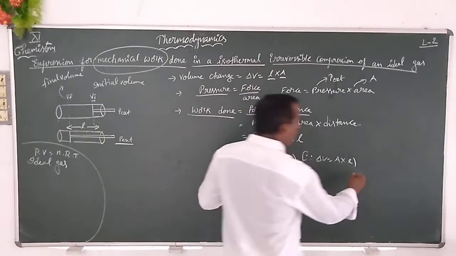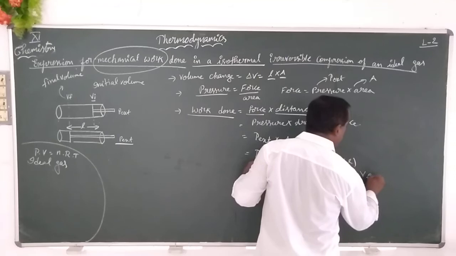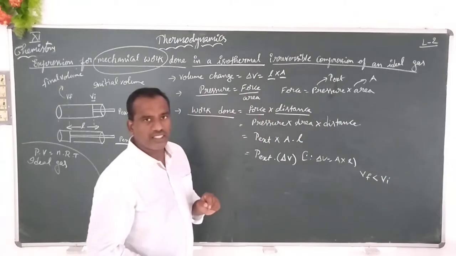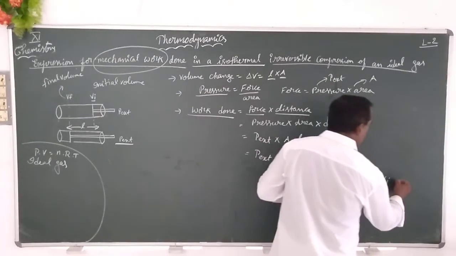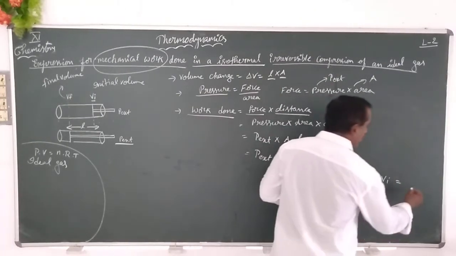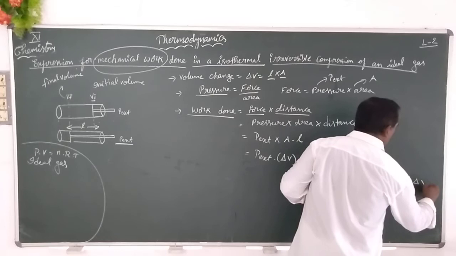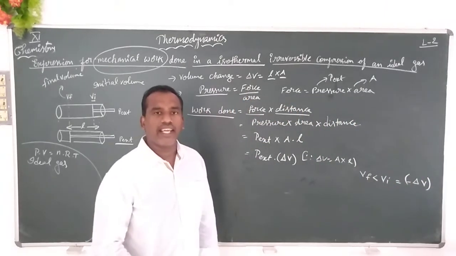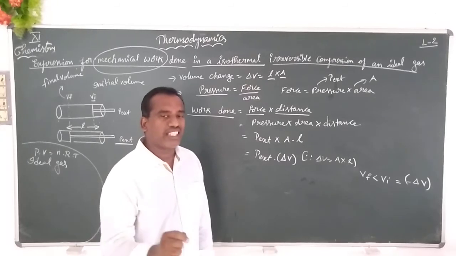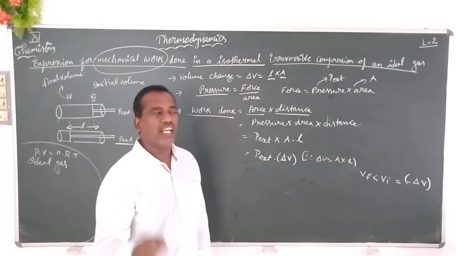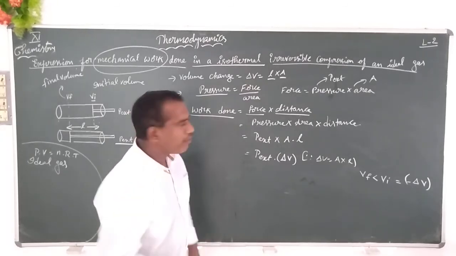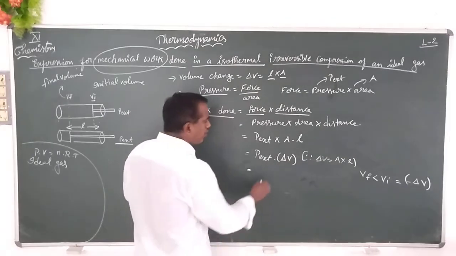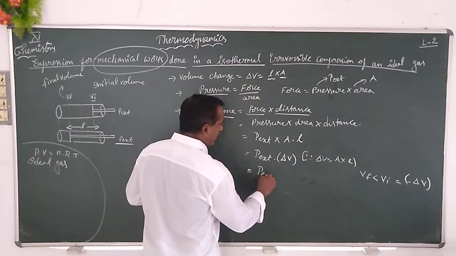So whenever the volume of final is less than the volume of initial, we say the change in volume is given in the form of negative. I am repeating once again. When the final volume is less than the initial volume of the gas, the change in volume will be a negative value.